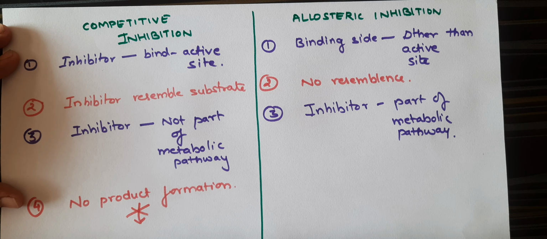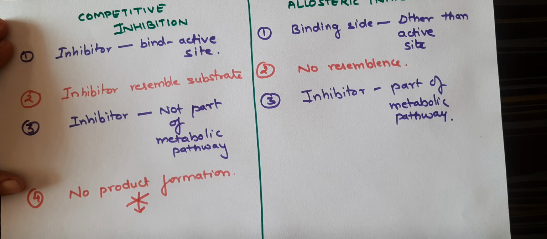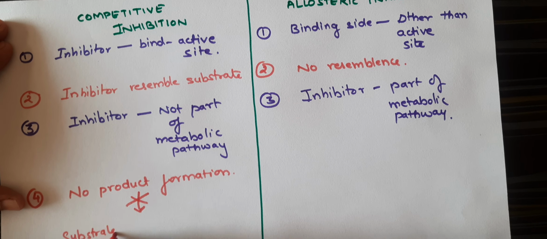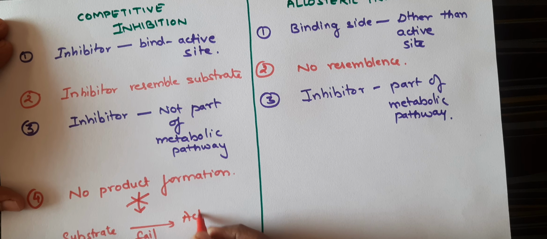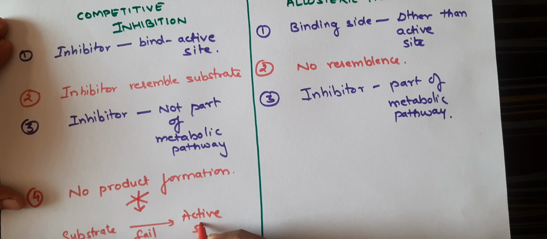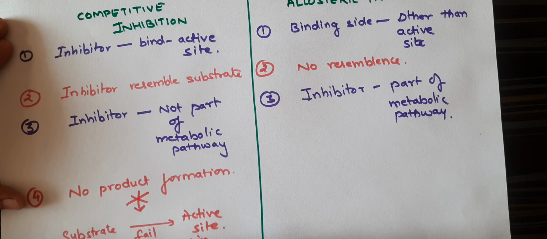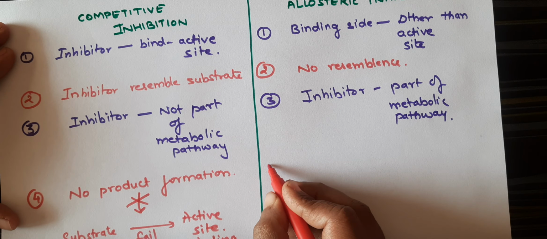This process is inhibited. I will put a cross for the inhibition. But why is the process inhibited? Because the original substrate will fail to bind to the active site, so it cannot perform its function.